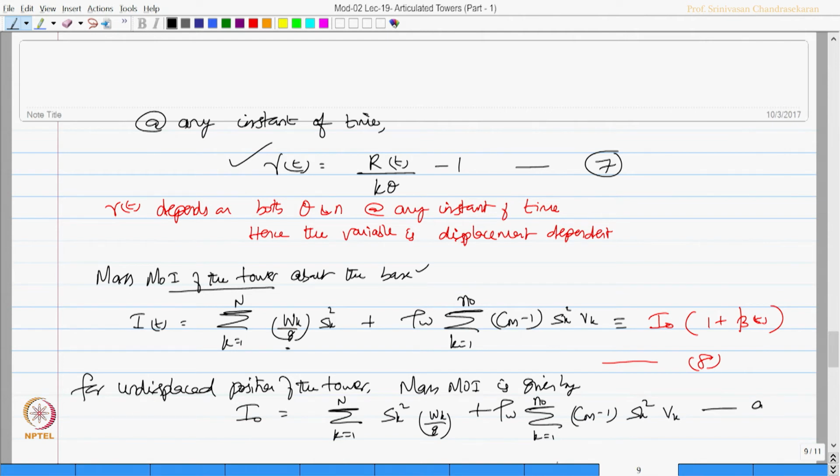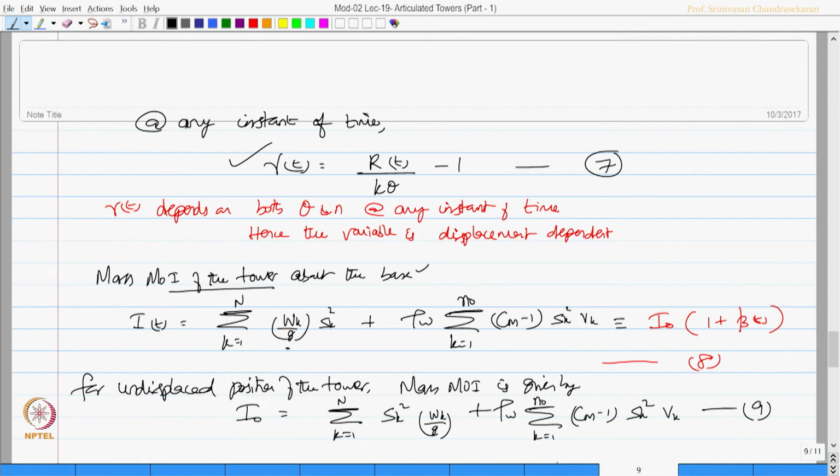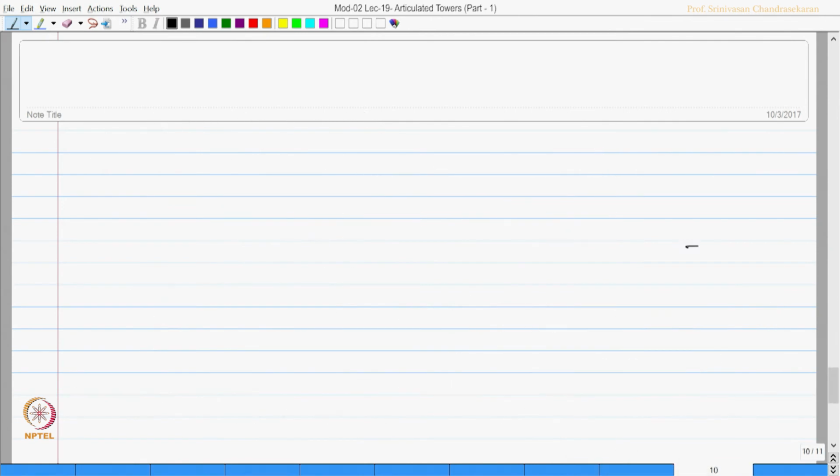This is equation number 9. So, let us equate equation number 8 and 9. Okay. So, equating equations 8 and 9, we get I_t by I_0 minus 1 will be B_t.